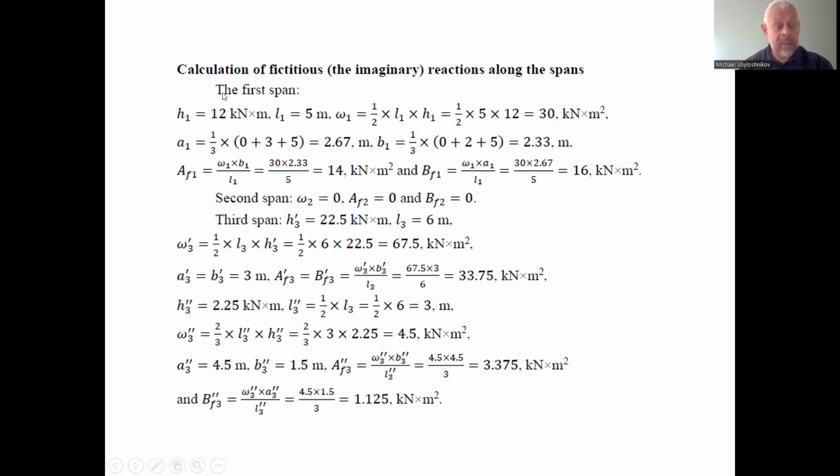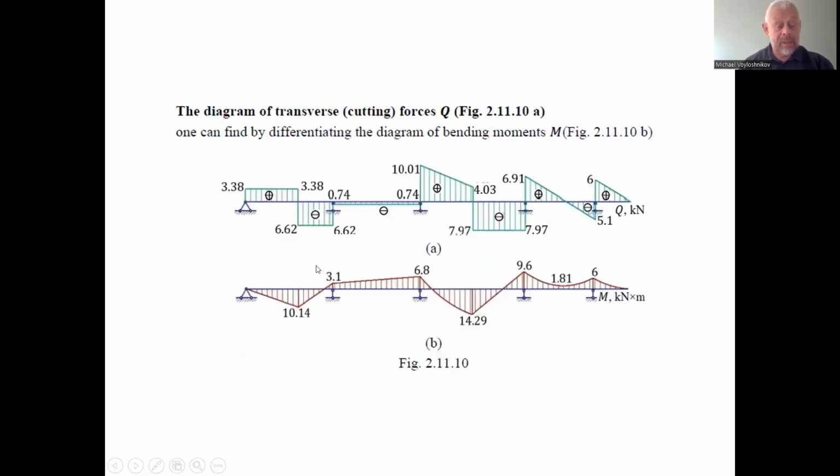We divide 10.14 by the 3 meter distance between the point of application of the concentrated force and the left hinge, and the result for this part of span number 1 is 3.28.